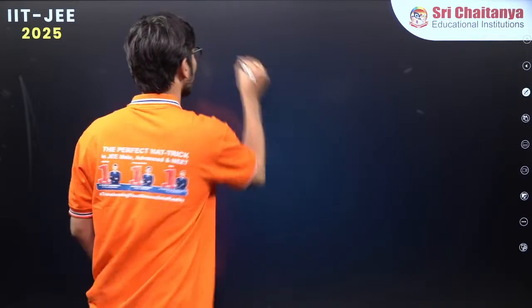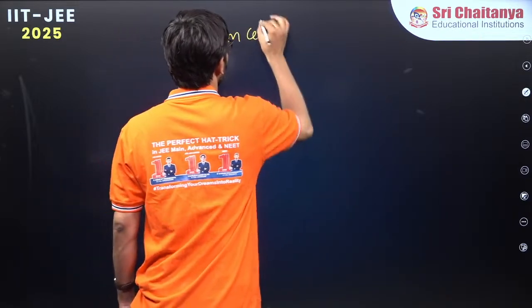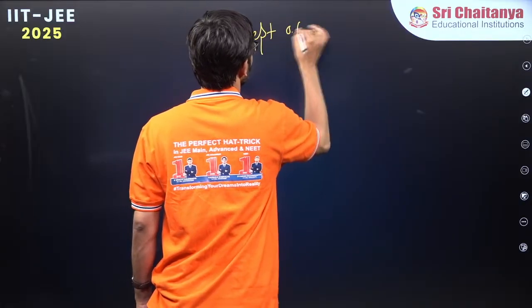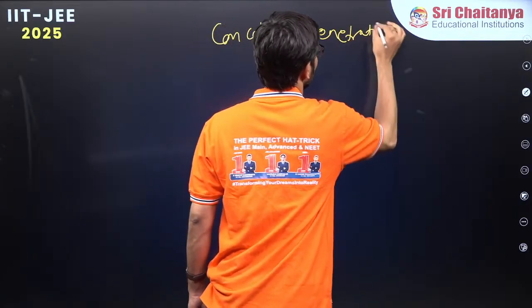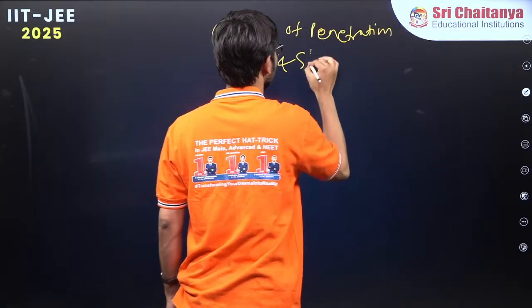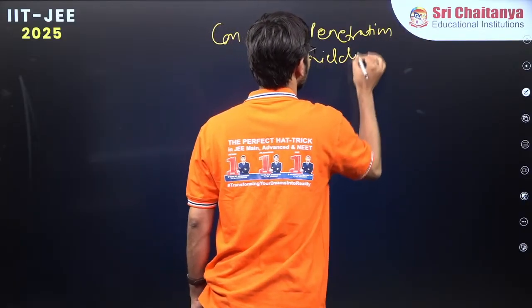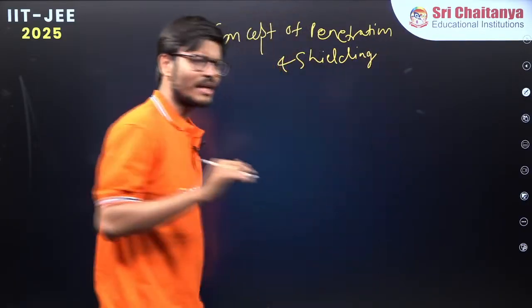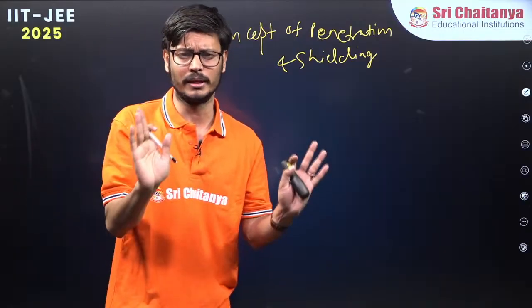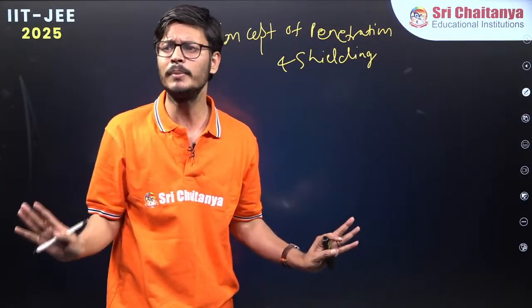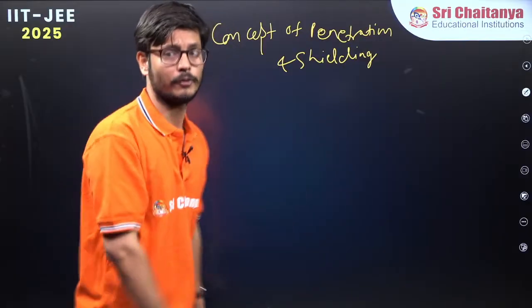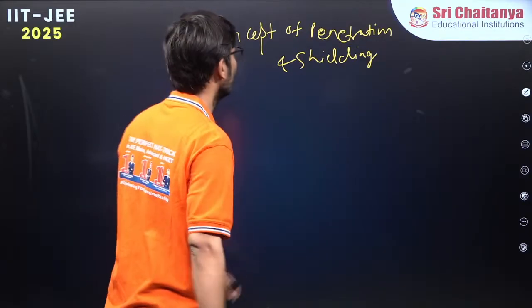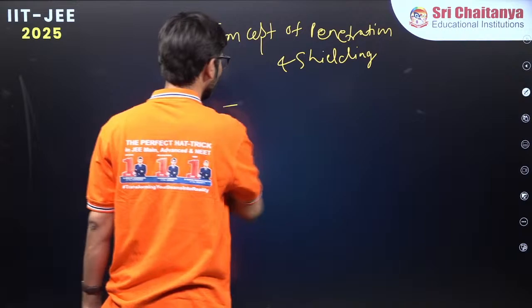Let us come to the concept of penetration and shielding. Listen very carefully, this is a very important concept, and you will read the book but never understand. What is the concept of penetration and shielding?